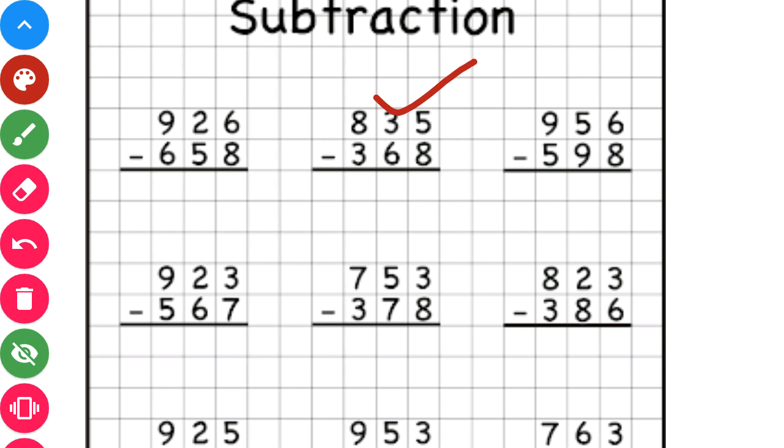Compare the numbers. Yes, do it. Completed.